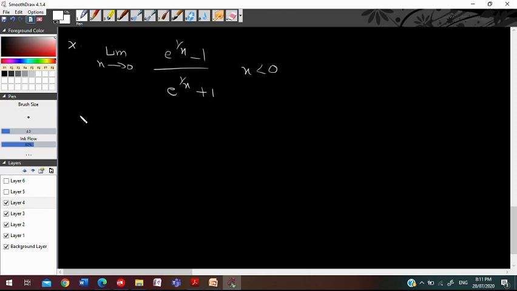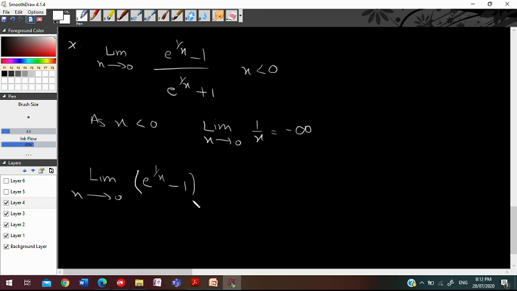As x is less than 0, as x approaches 0, 1 by x is equal to minus infinity. If x is greater than 0, we take the limit of 1 by x as positive infinity. But here we have x less than 0. That's why we have taken the limit approaching minus infinity. Now limit x approaches 0, exponent 1 by x minus 1 divided by exponent 1 by x plus 1.